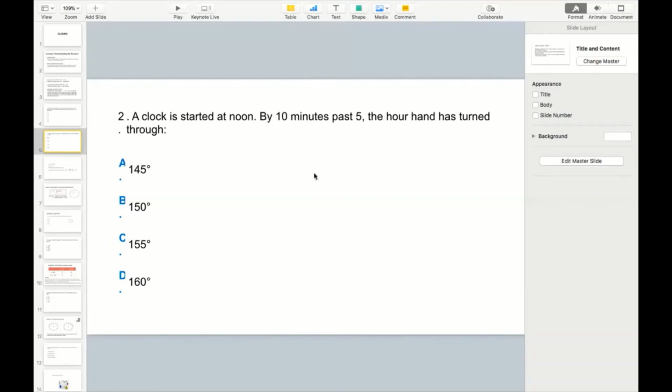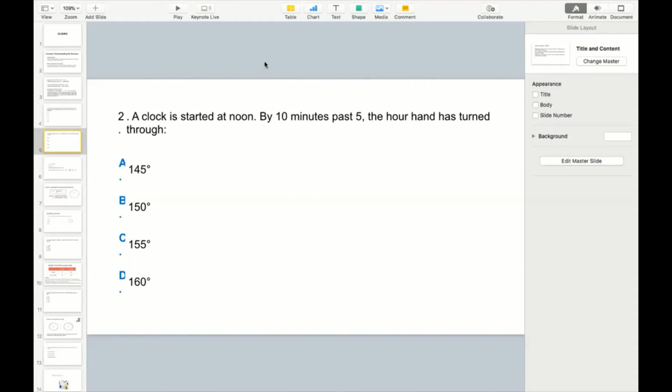Now, since the time is not exactly 5 p.m., the time is 5:10, because of these 10 minutes there will be some movement in the hour hand. If the time was exactly 5 o'clock, the hour hand would be pointing exactly at the number 5.